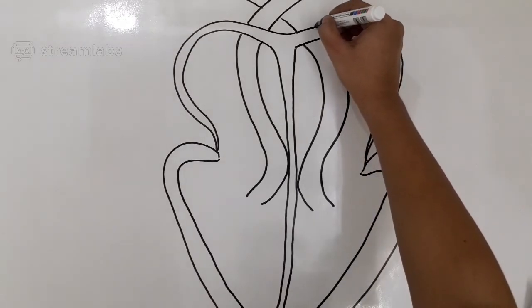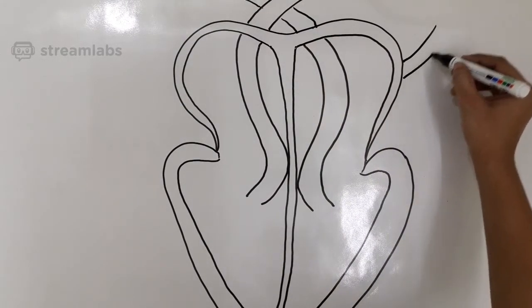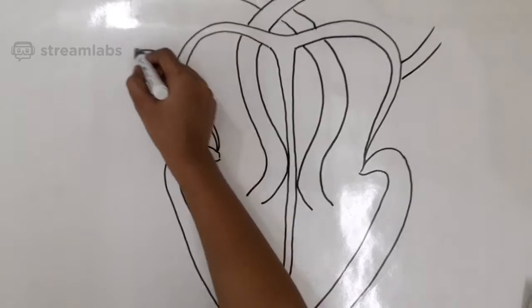There are 4 major blood vessels carrying the blood into and away from the heart.